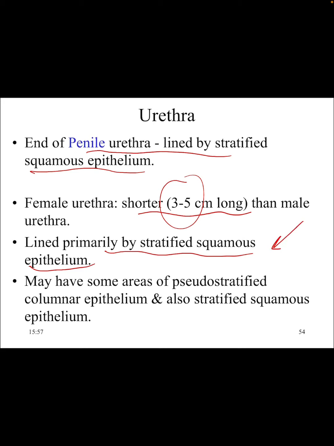However, in the female, it's lined by stratified squamous epithelium. However, in some areas of the urethra, the epithelium may have pseudostratified columnar epithelium, also sometimes stratified squamous epithelium.